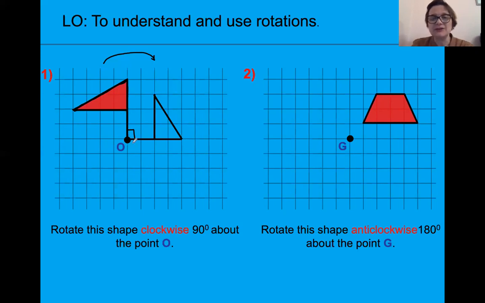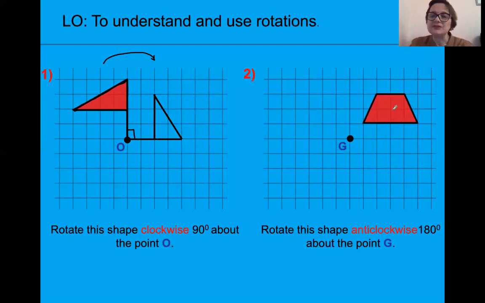It's good to join them on the shape already, so you can see the angle clearly that way. So this is the angle that is going to be created, and this is the new image of the triangle. So it is 90 degrees and is clockwise.